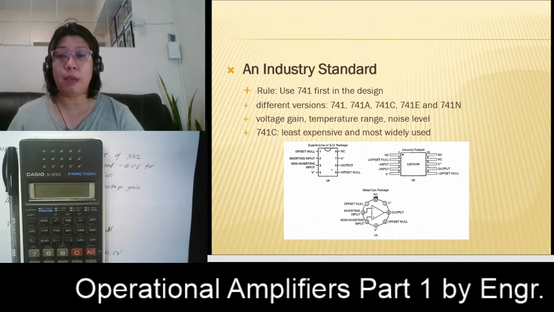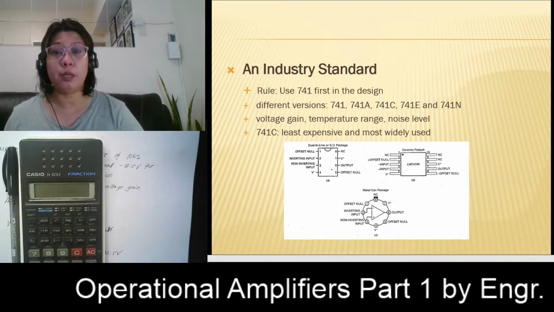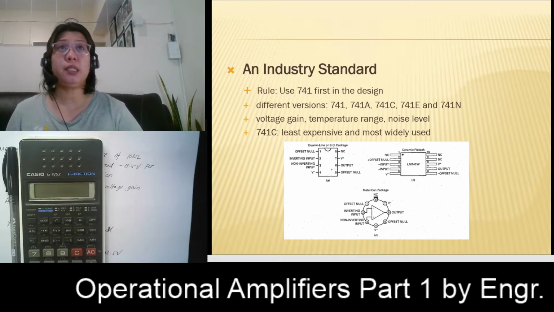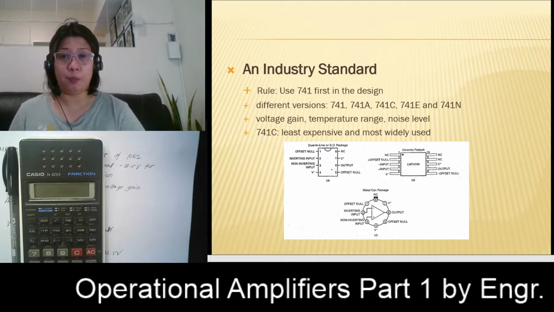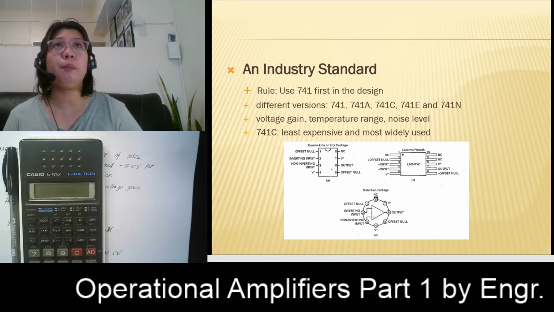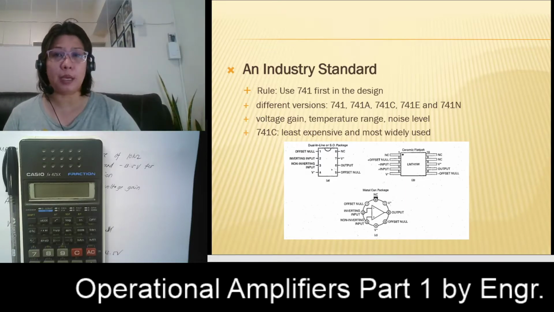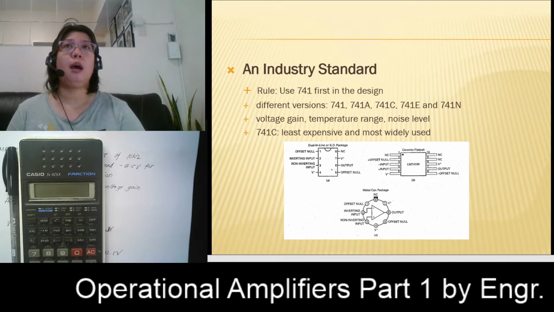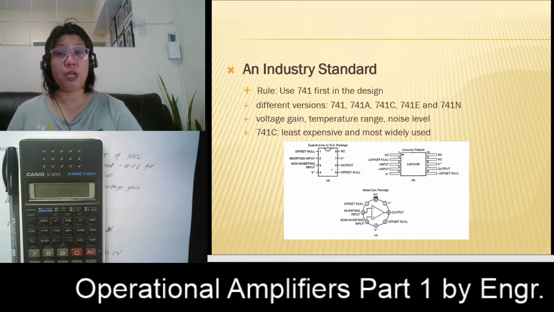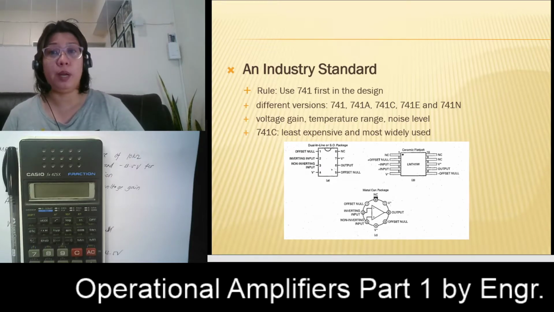But usually we only make use of the 2 pins for the input terminals, and then we have the offset null from pins 1 and 5, pin number 6 for your output, and pins 7 and 4 for your positive and negative supply. We have your dual inline package, we have your ceramic flat pack, and we have your metal can package. These are the usual package styles and pin configurations used by your 741.